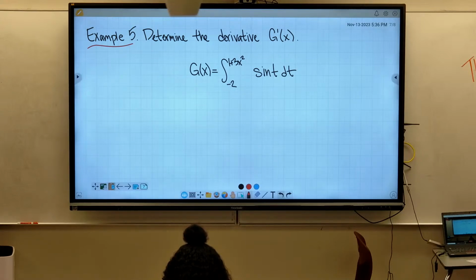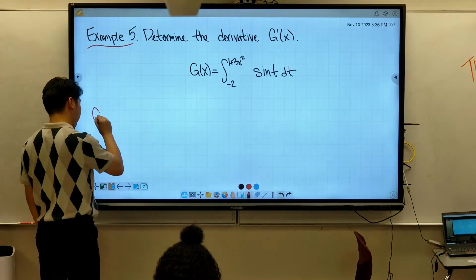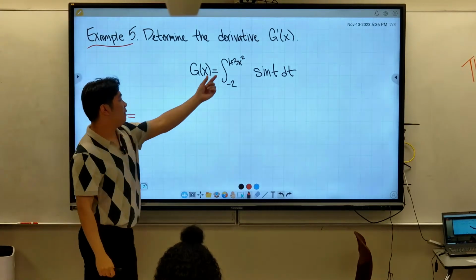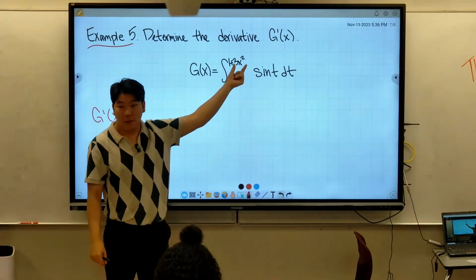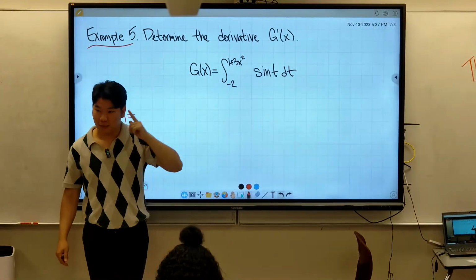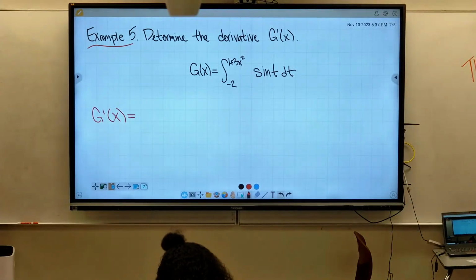Clearly, my upper bound is not a plain x anymore. If this was a plain x, then we wouldn't have a problem, right? It would just be exactly like example 3. But the question is, what happens whenever I don't have a plain x?